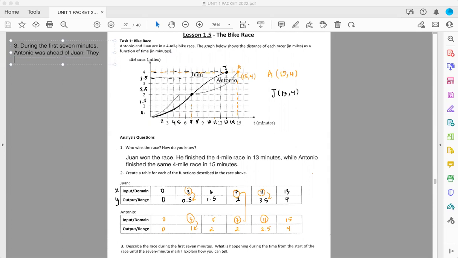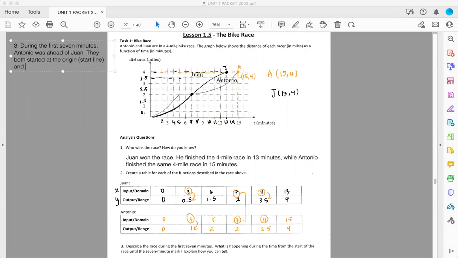They both, to be specific, started at the origin, the start line. You can call it start line. And what happened at the 7-minute mark?